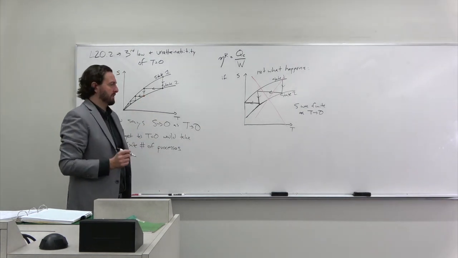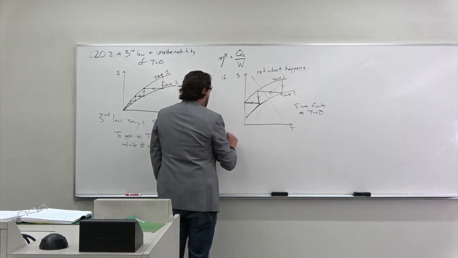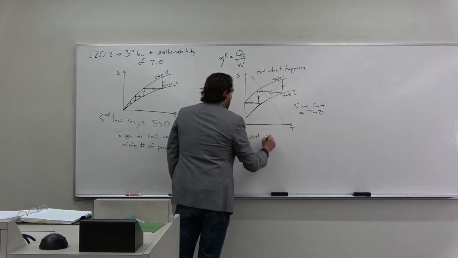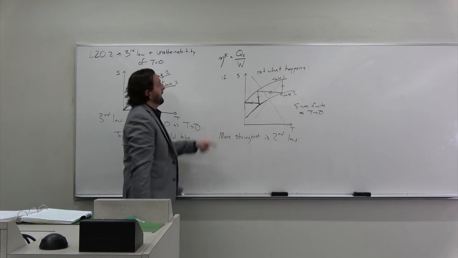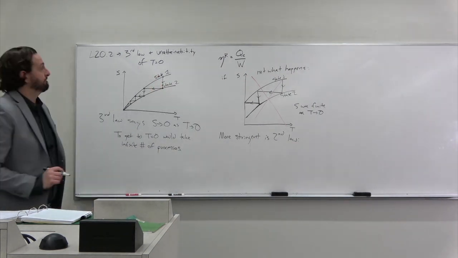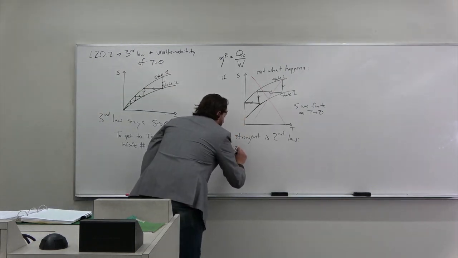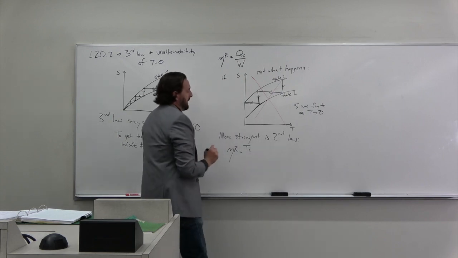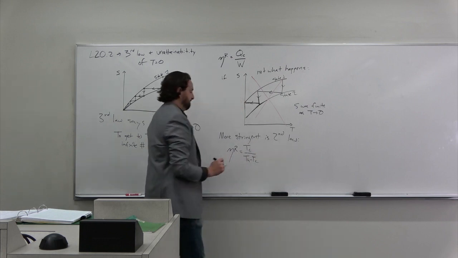I actually think a more stringent definition, the book doesn't, is the second law. And that is that if I remember back to my Carnot refrigerator, I can rewrite these as T's, and this is T_H minus T_C.